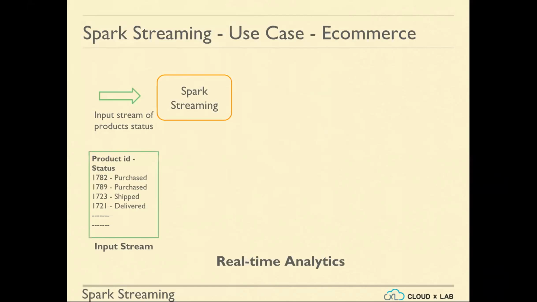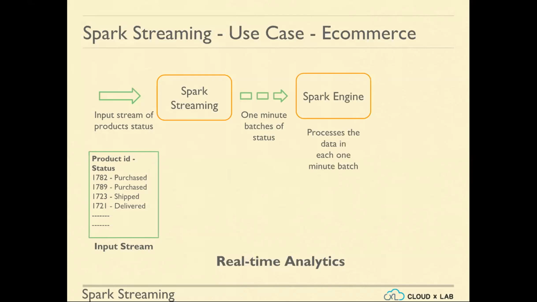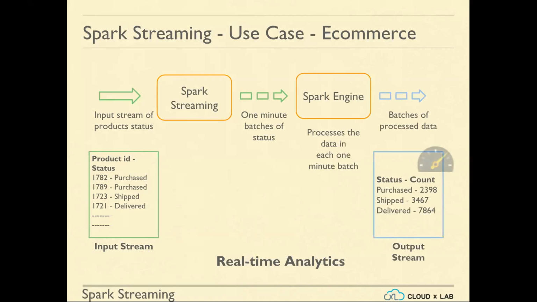Say, for example, in our case, this was the feed that was coming to Spark Streaming. There was the item ID or product ID followed by the status, whether it's purchased, shipped, or delivered. Now we wanted to break it down per minute, and our engine was processing it, representing each one-minute batch at a time.